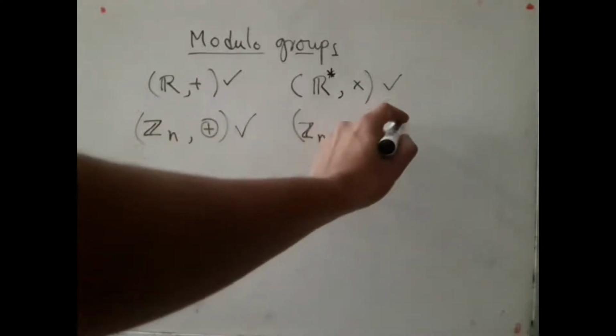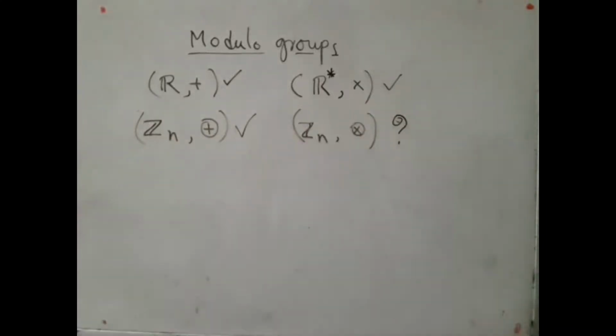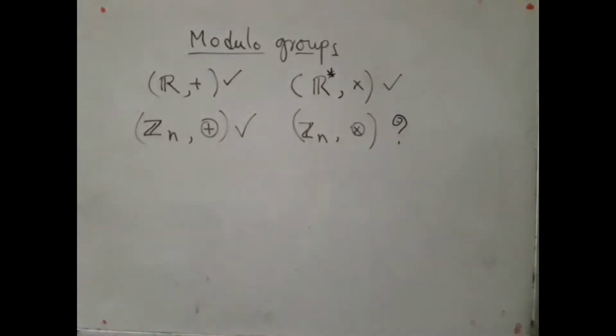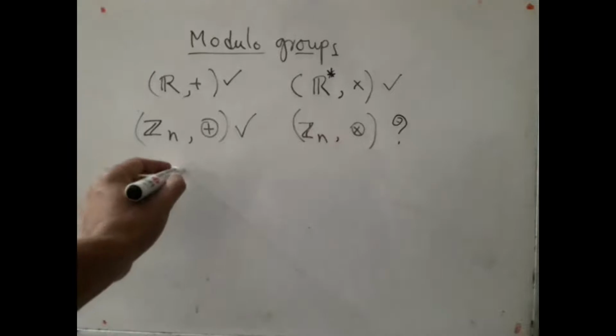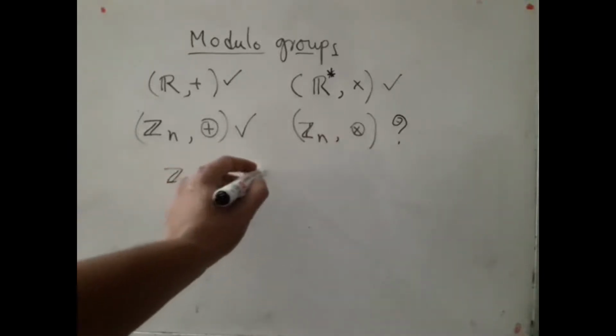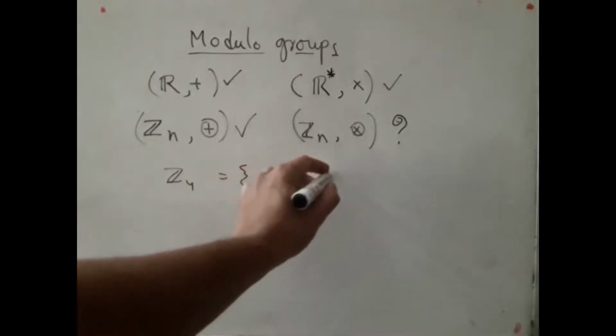The question naturally is, if I consider multiplication modulo n, is that a group? And the answer is no, it is not a group in general because you do not have inverse for certain elements. Let's take this case again, Z4, that was 0, 1, 2, 3.